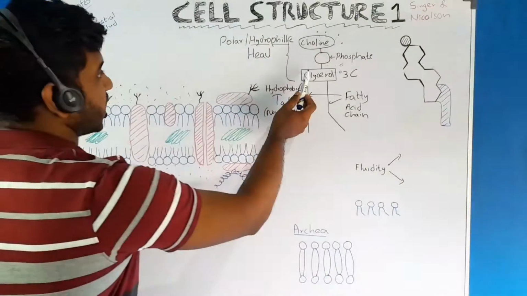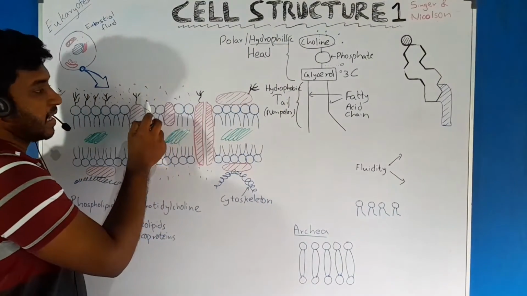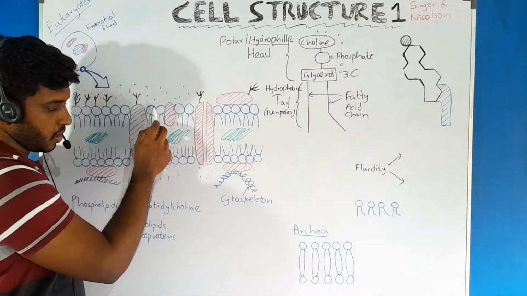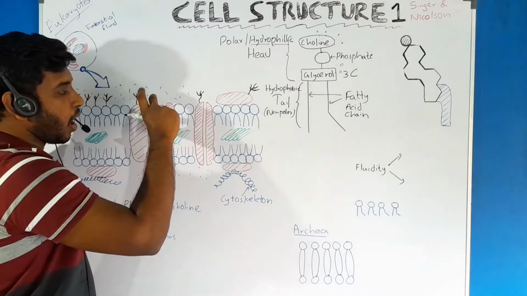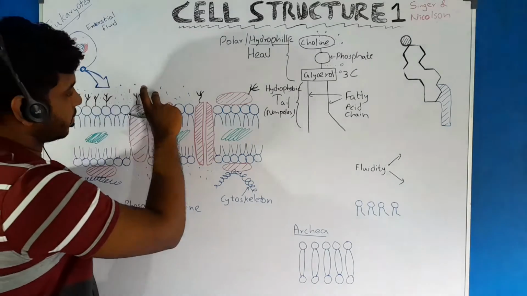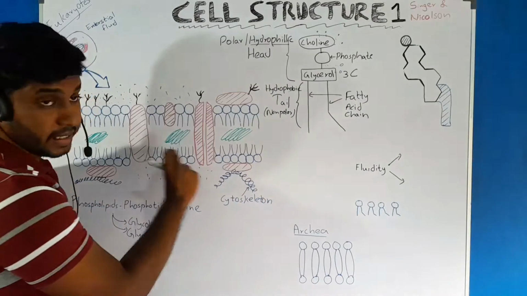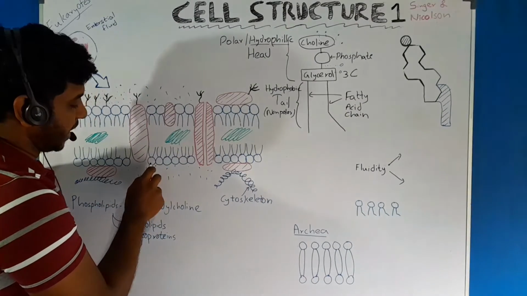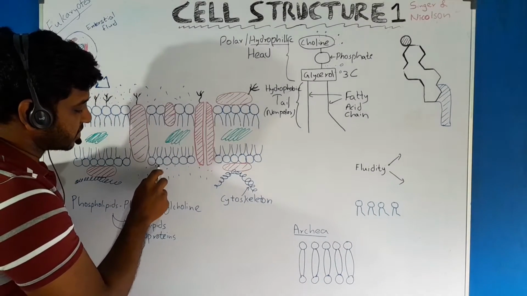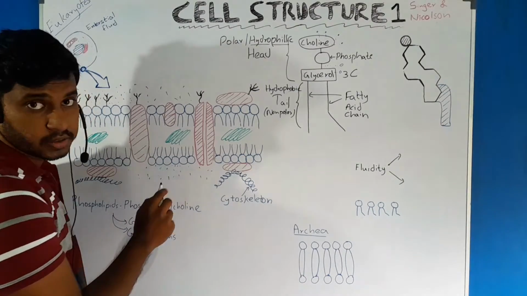That's why the polar head or hydrophilic head is in contact with water, in the outer layer and also in the inner layer. The charged head is making interactions and is in close contact with the water.